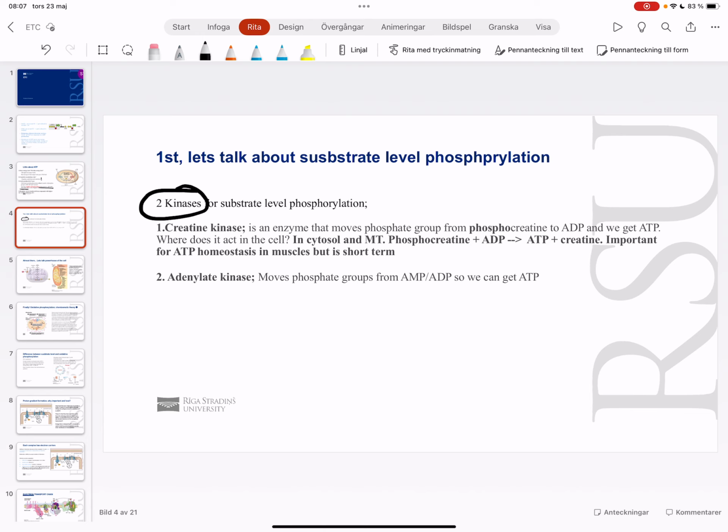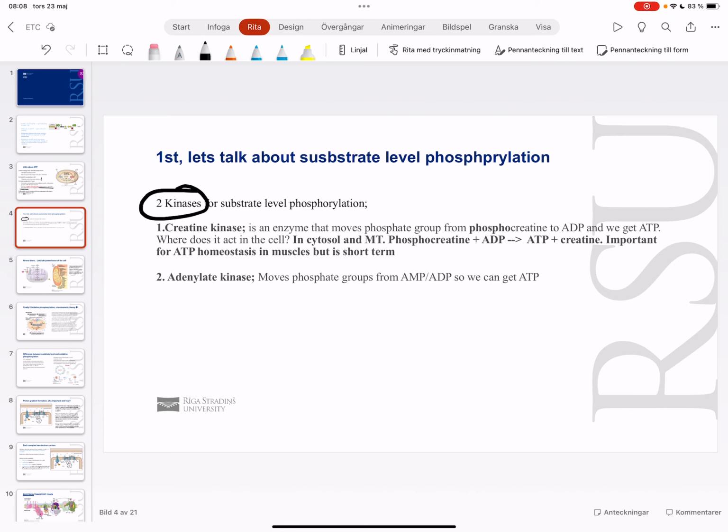We have creatine kinase, which is an enzyme that moves the phosphate group from phosphocreatine to ADP, and we will get ATP. This will happen in the cytosol and mitochondria, and this is the reaction. Phosphocreatine plus ADP, the phosphocreatine will donate one of its phosphates to ADP, and it will form ATP and creatine. This is important for ATP homeostasis in muscle, but it is short term.